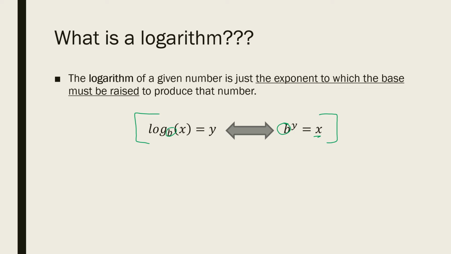The relationship here is very similar to the relationship that you studied when you first learned about square roots. For example, if I asked you to find the square root of 9, we know that the square root of 9 is 3, because 3 to the second power is 9. Just like you have a connection between squares and square roots, you also have a connection between logarithms and exponents.